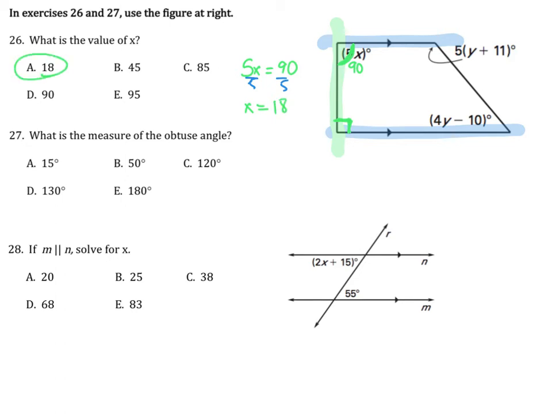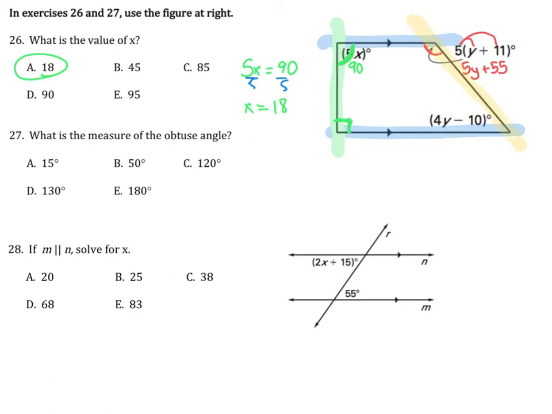In 27, what is the measure of the obtuse angle? Well, the only obtuse angle is right there, which has 5 times y plus 11. So we need to distribute that 5 in there, and that really becomes 5y plus 55. Let's take a look at the fact that there's this transversal right there.